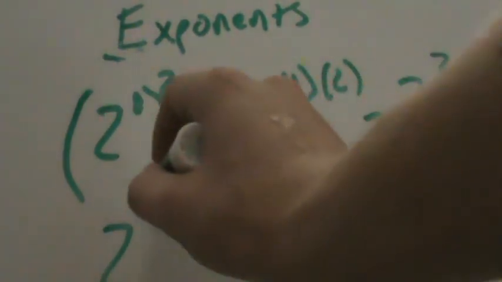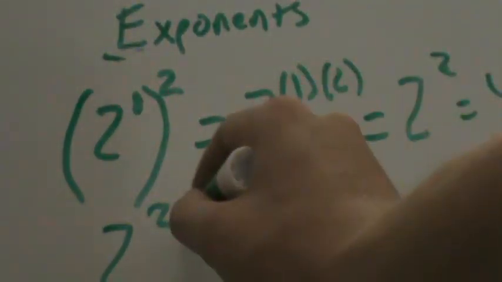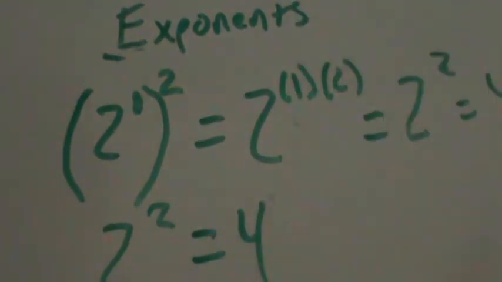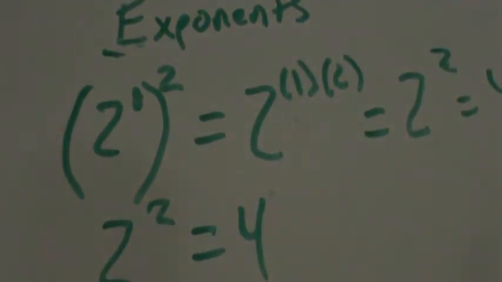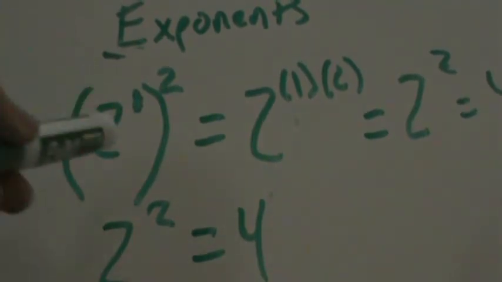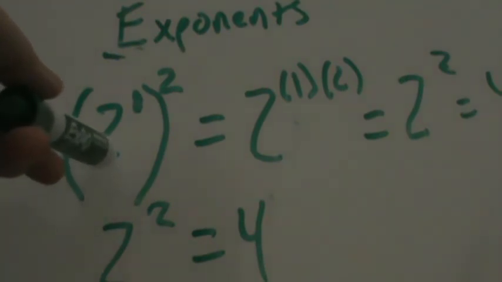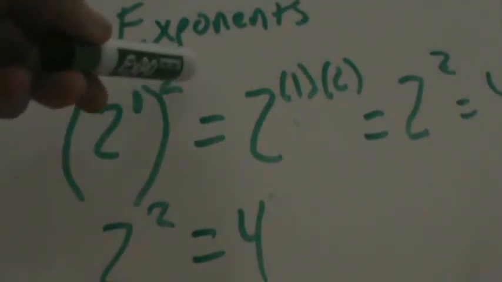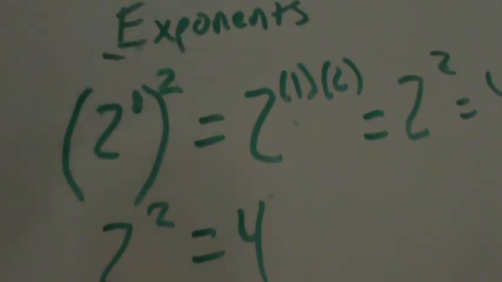We know that 2 to the 1 is equal to 2, so we just rewrite that, and we still have this 2 out here, so we know that that's equal to 4, so we just proved our identity. Now again, it's important for this idea that you have a base, of course, and that you multiply these two exponents together. That's an idea of exponents.